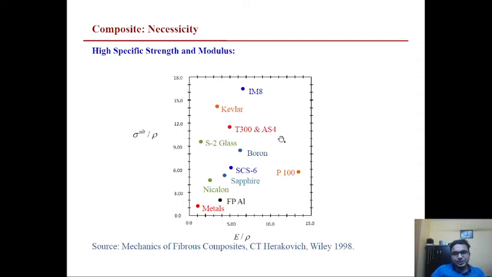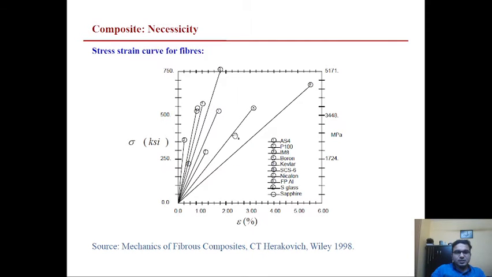You can go into detail if you want, however this is not necessary as far as the exam is concerned. Then the stress-strain curve for fibers: on the x-axis we have the strain, and on the y-axis the stress, and these are the listed composite materials.